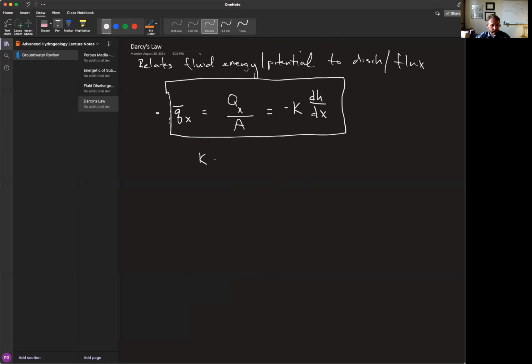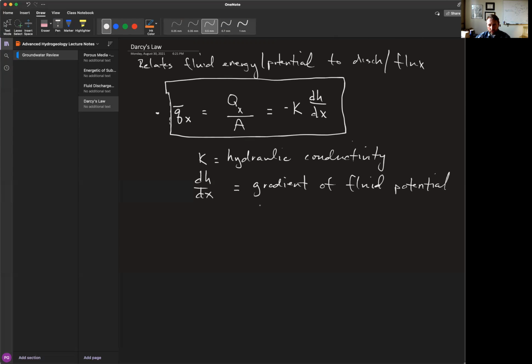So K is this relationship fudge factor, and it is called the hydraulic conductivity. dH dx is the gradient of fluid potential in the direction of interest.